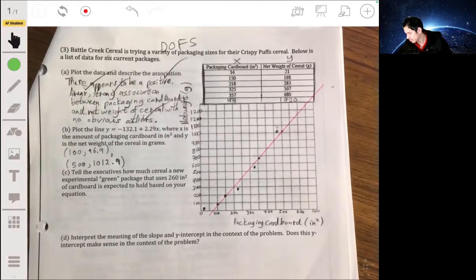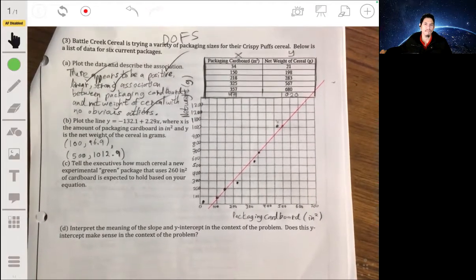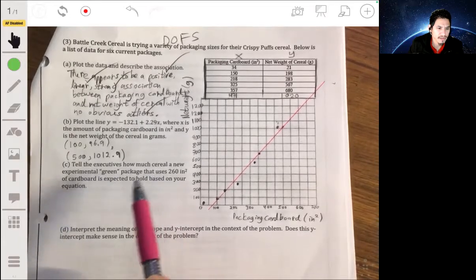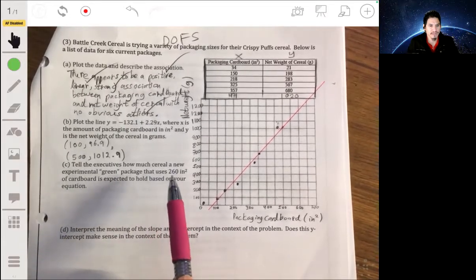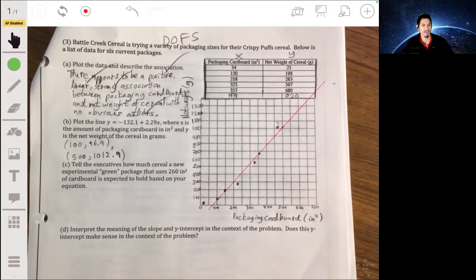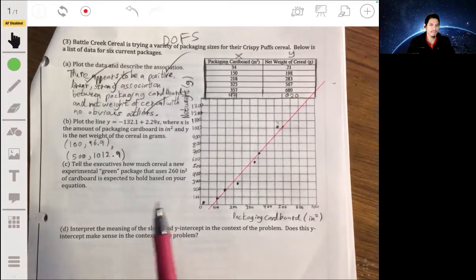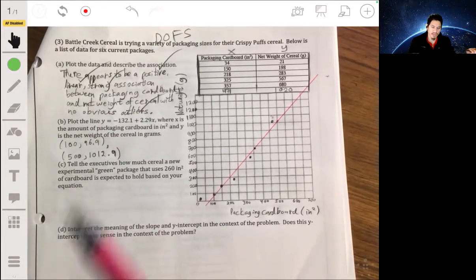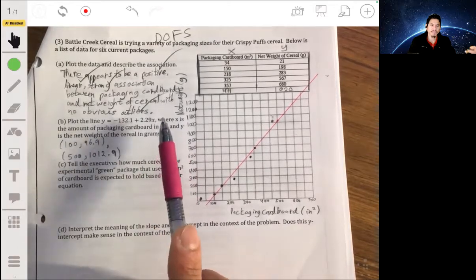Now, let's see what these people want. It says, tell the executives how much cereal a new experimental green package that uses 260 square inches of cardboard is expected to hold based on your equation. So again, let's recognize what the purpose of this equation is.